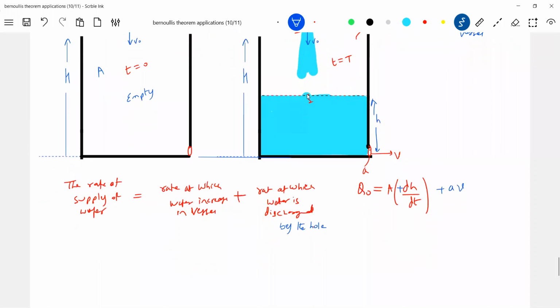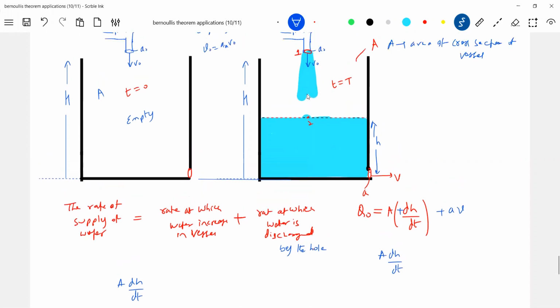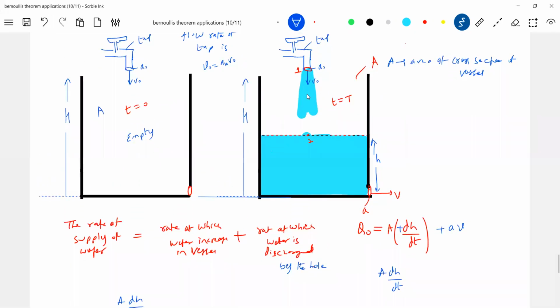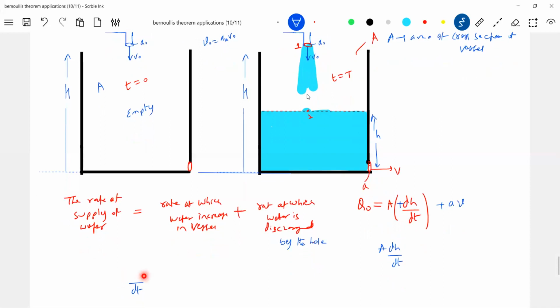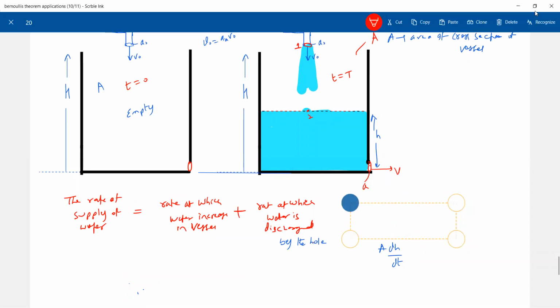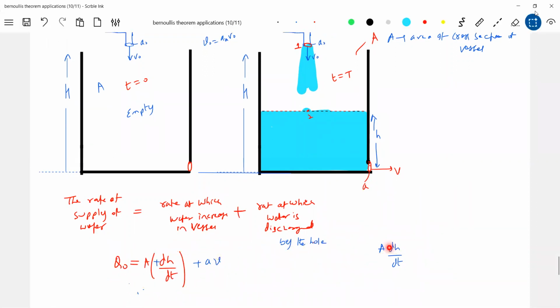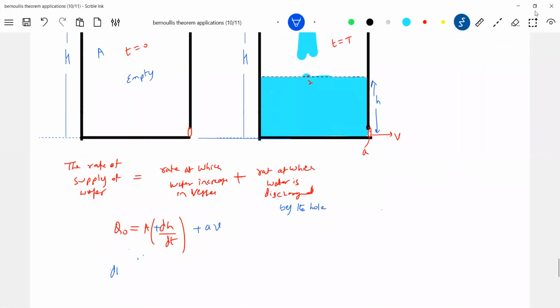So this will be A dH by dt. So what is A dH by dt? You can write it as Q naught minus AV.